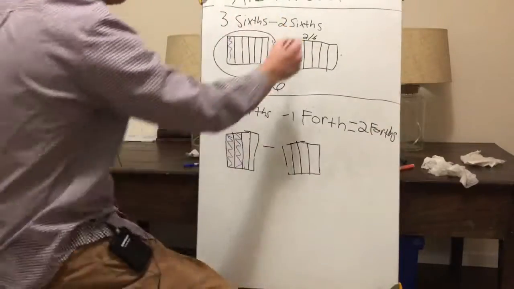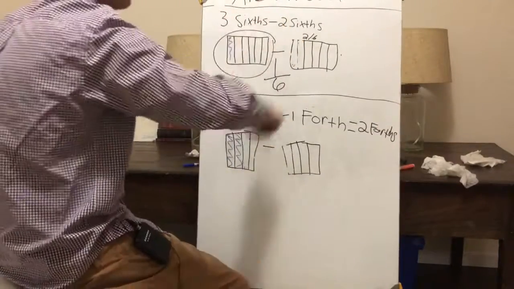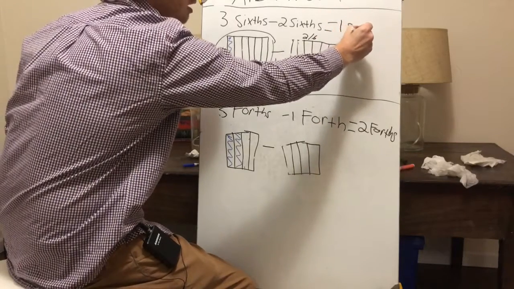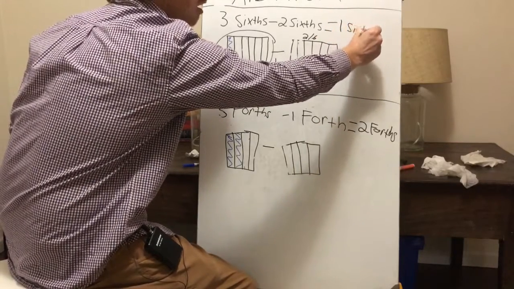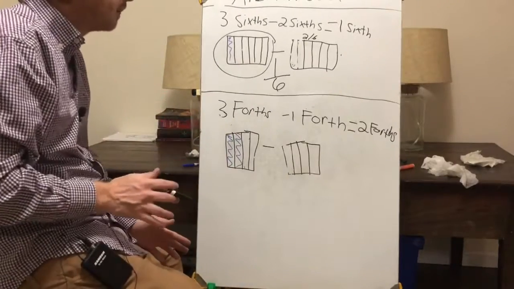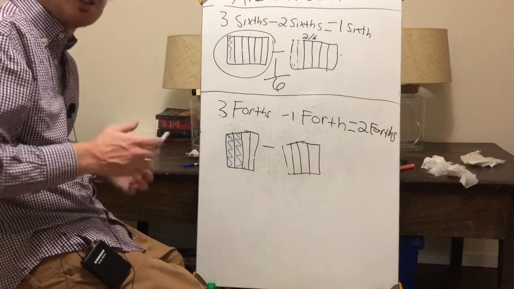And actually up here I should have said that 3/6 minus 2/6 is equal to 1/6. So that's one way that we can subtract fractions with the same unit.